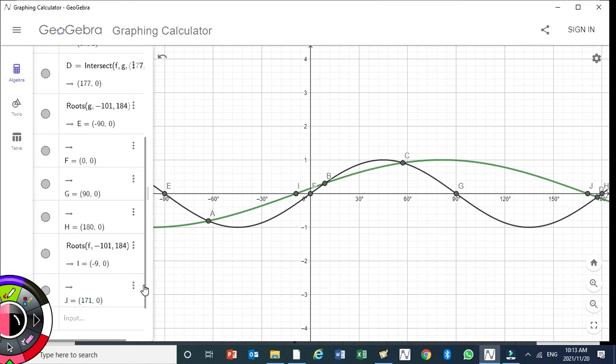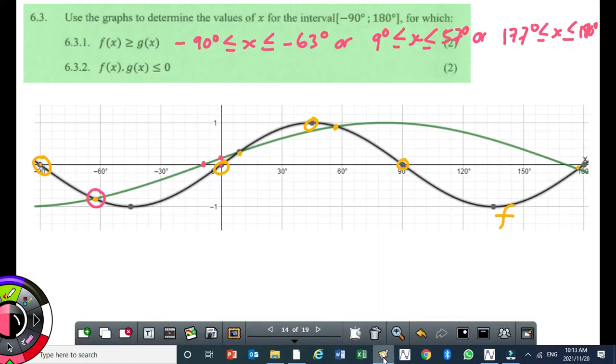So it's minus 9 at this point here. It's minus 9, that's 0. So our first solution is going to be, sorry, minus 9 degrees is less than or equal to x, and x is less than or equal to 0 degrees. Are you following that?